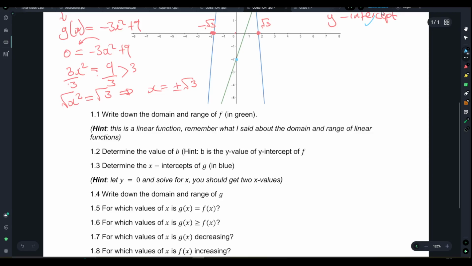So here we just answered the question, okay? So I've added a hint. This is a linear function. Remember what I said about the domain and range of linear functions, the domain is always x as an element of real numbers, and the range is always x.